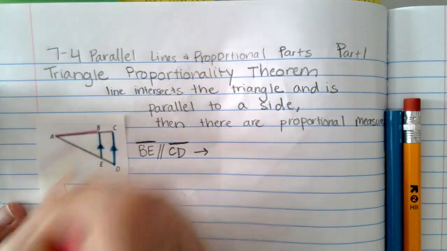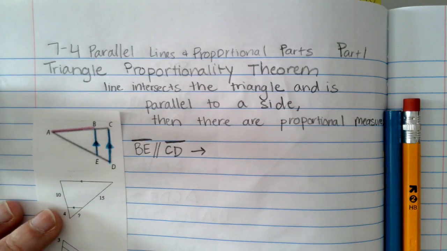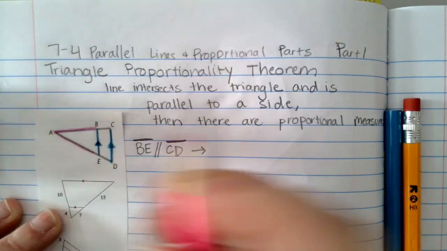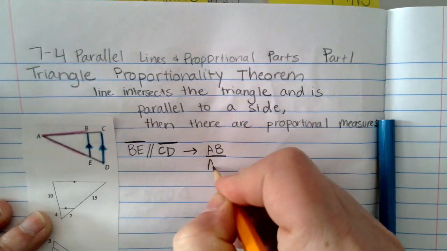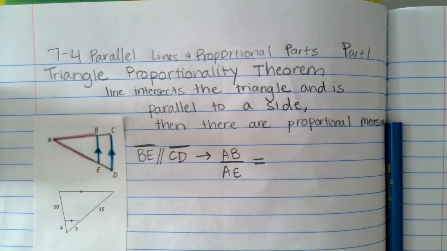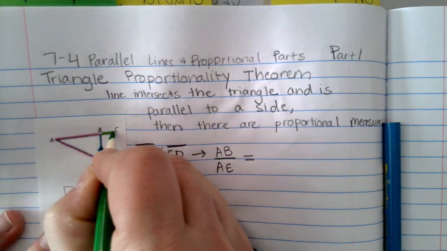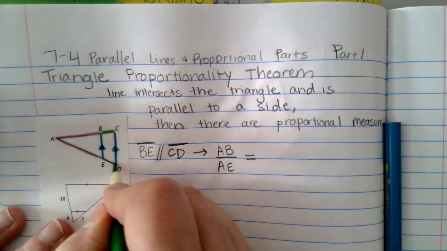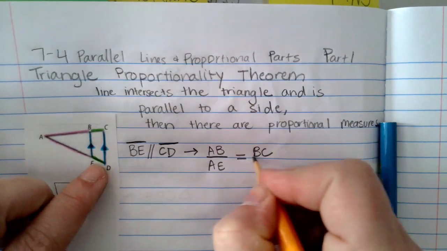A to E. And whatever that ratio is, that's going to be the same ratio of B to C compared to E to D. So those are the parts, or we could compare the whole length.